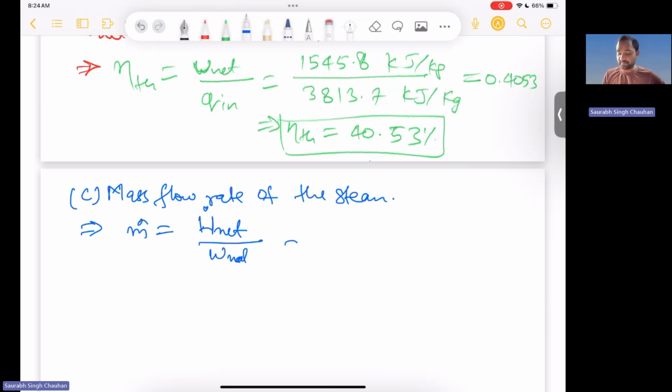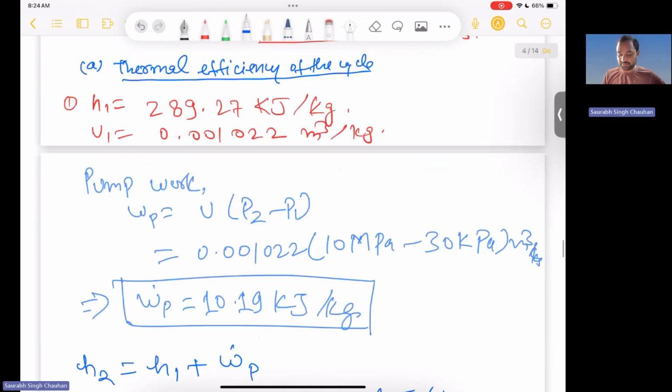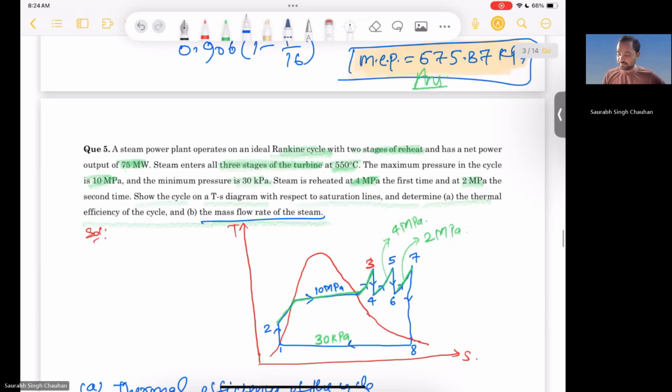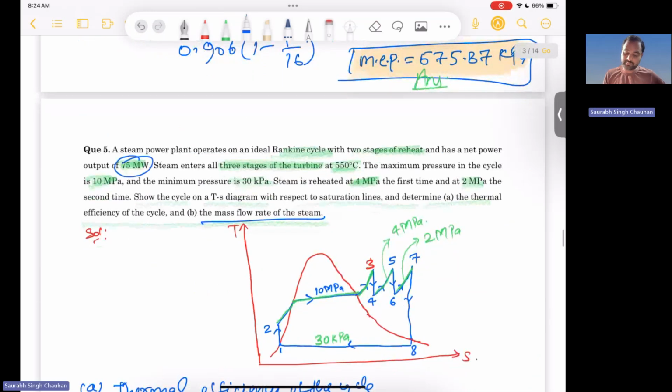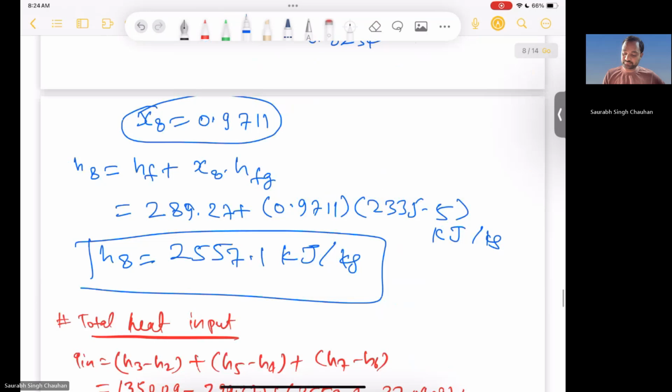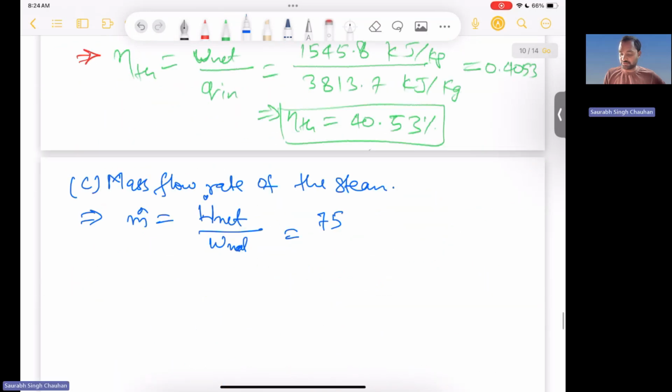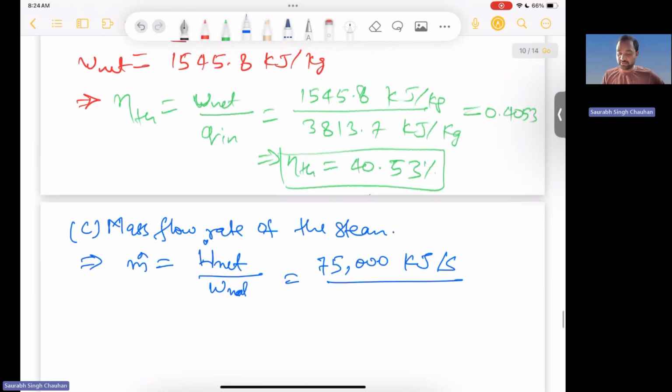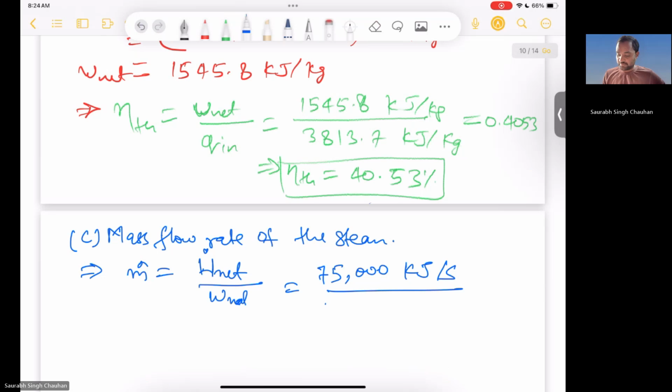So specific work output is work output per kilogram of steam. This is given in the question that it has to produce 75 megawatt. So 75 kilowatt divided by net work output, which was 1545.8 kilojoule per kg.